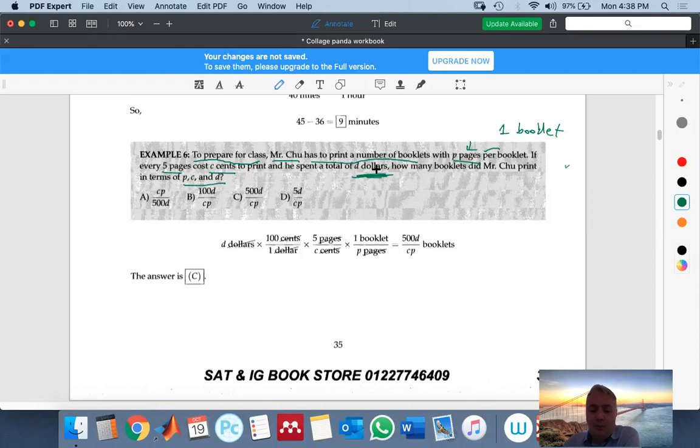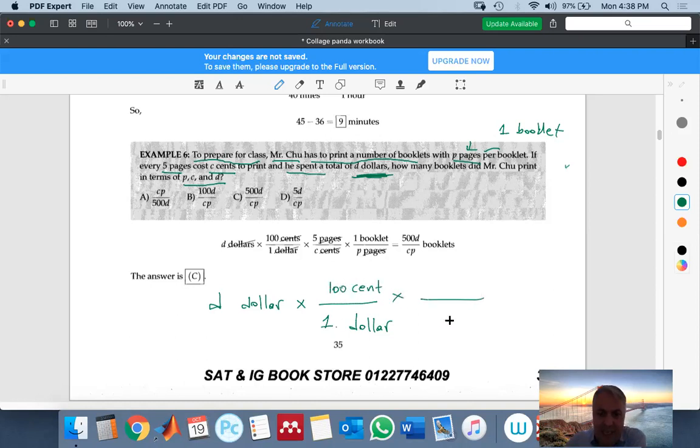So how can I do this? First of all, if I spent D dollars, I am writing D dollars. Now I will multiply by something and cancel out. How can I cancel out? Since the question has C cents, I can say that $1 is 100 cents.